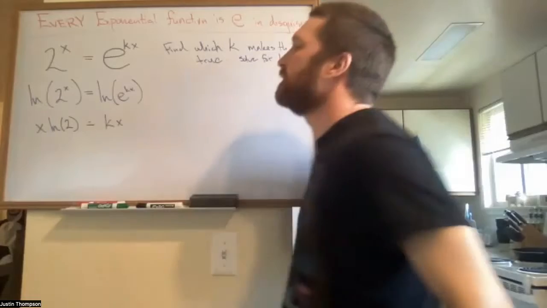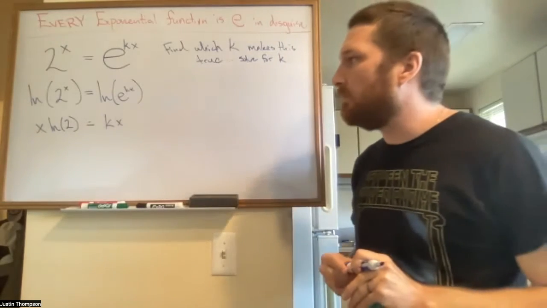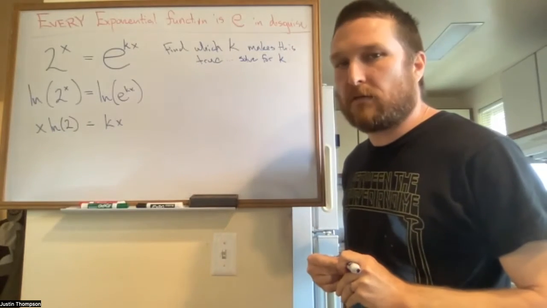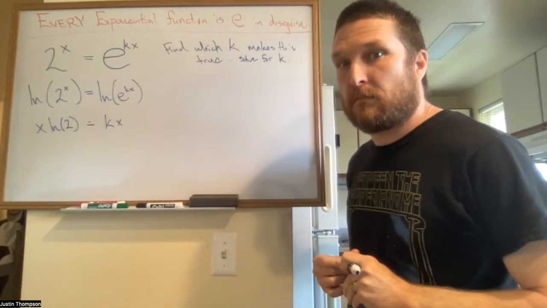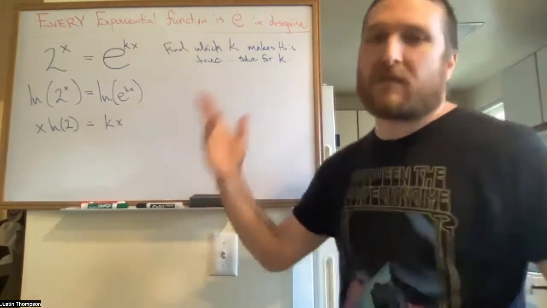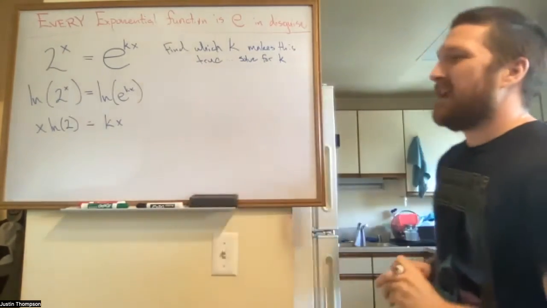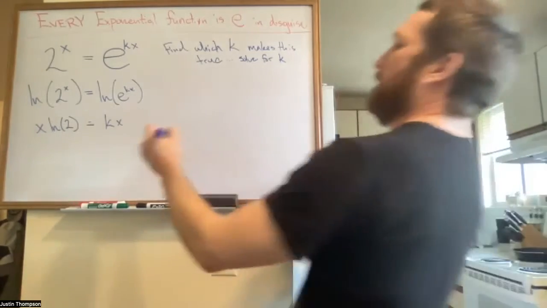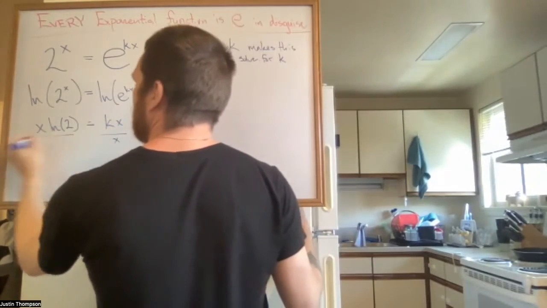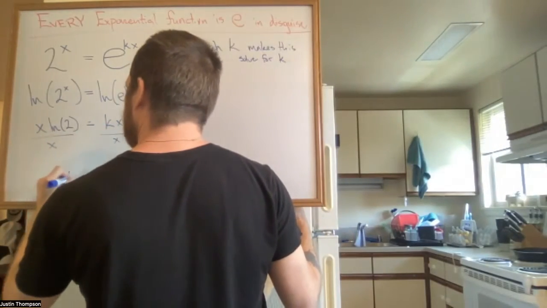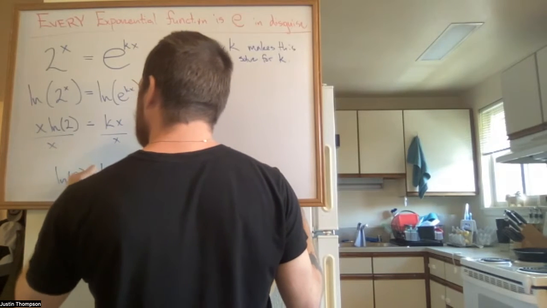Then divide both sides by x. Yes. And then you get the natural log of 2 equals k. There you go. Okay, natural log of 2 equals k.